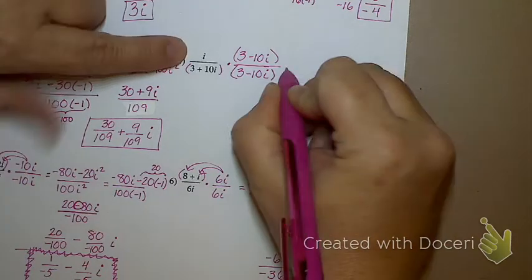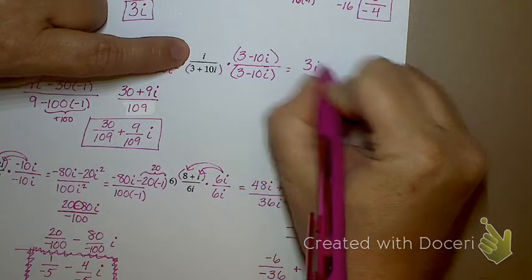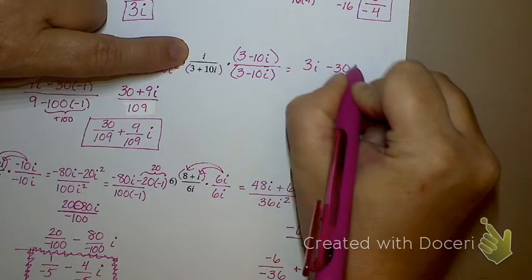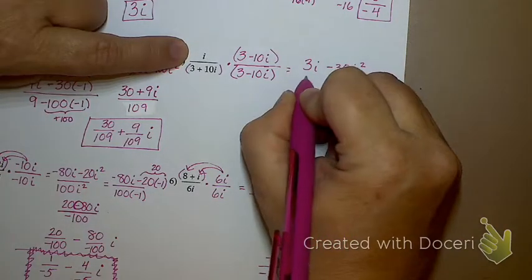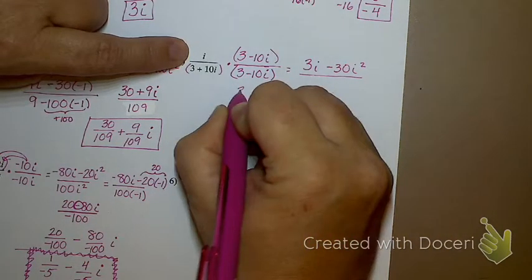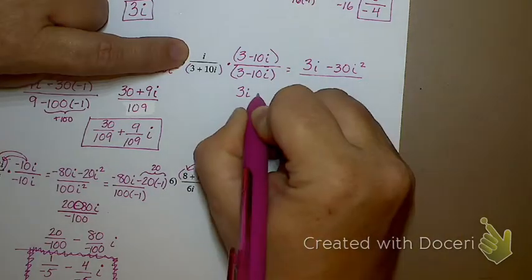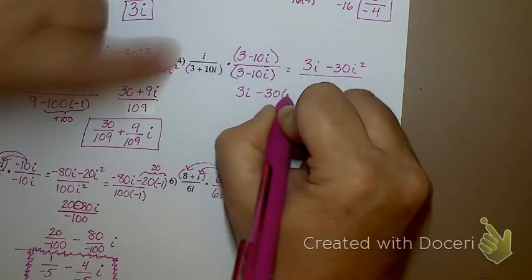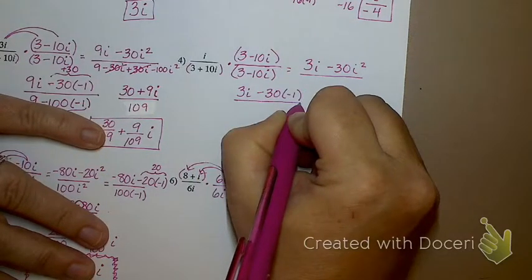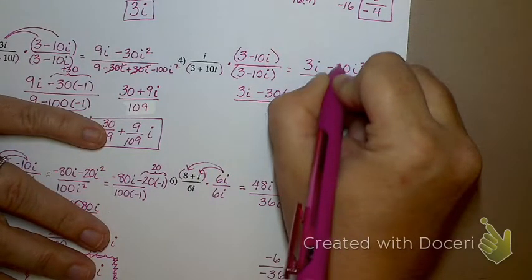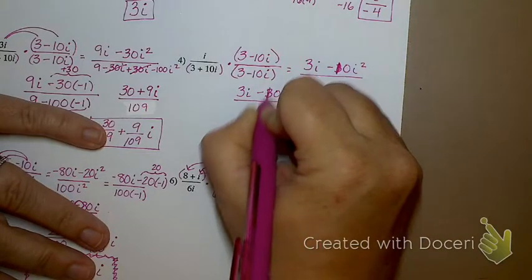Okay, so I have 3i minus 30i squared on top, which is going to be 3i minus 30 times negative 1. Wait, how'd you get 30? I don't know, because I can't multiply. It's 10.